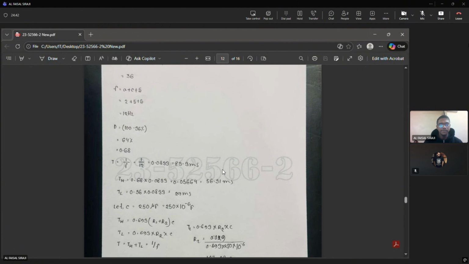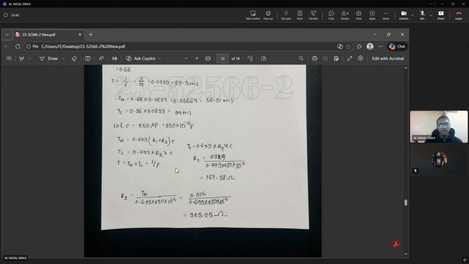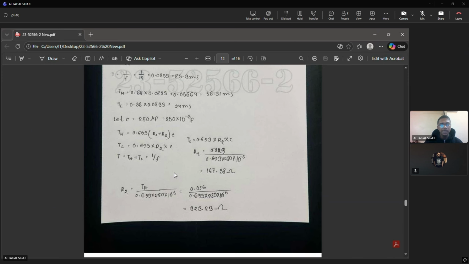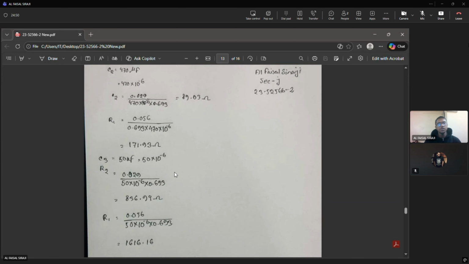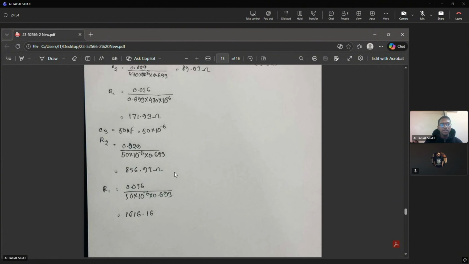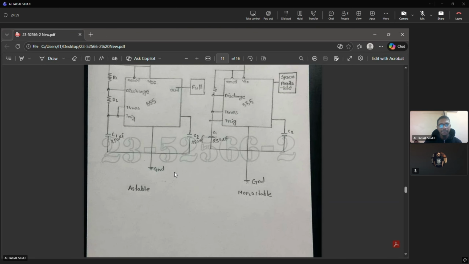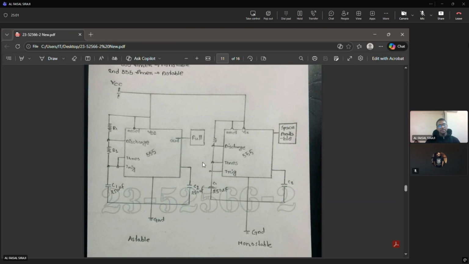This is the calculation part where we have calculated T and the resistance of R1 and R2, and also the microfarad of the capacitors. From the calculation, we will use 250 microfarad in this 555 timer, because if we use 450 microfarad, the resistance of the resistors is too low for us to get the value properly.